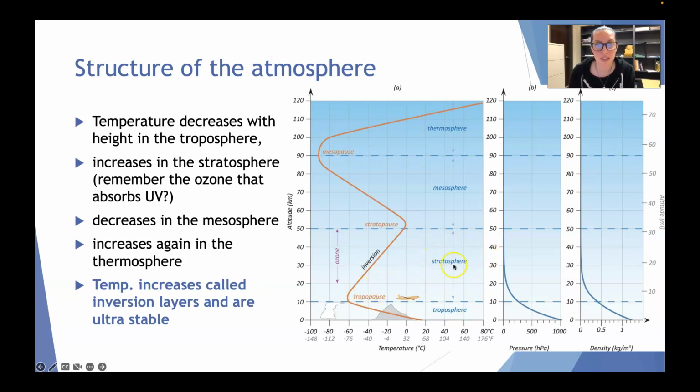Then we have the stratosphere and the stratopause, the mesosphere and the mesopause, and then finally, for our purposes, the thermosphere. We do also have the exosphere and the magnetosphere, but those are much further away from the surface, so for our purposes we don't mess with them, but those do certainly exist.